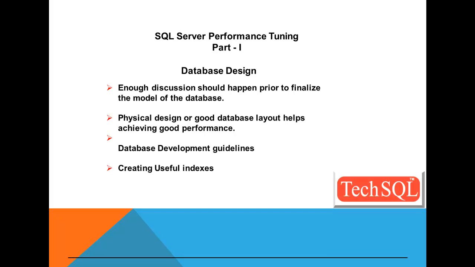Then try using default or not null constraints to avoid the complexities caused by missing column values. You can try using user-defined data types to ensure consistency of column definitions. Try using check constraints to ensure that column values are valid. You can have even timestamp columns to ensure efficient concurrency checking for multiple user applications.